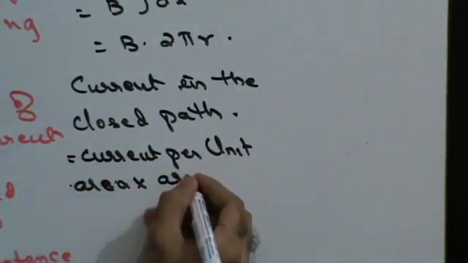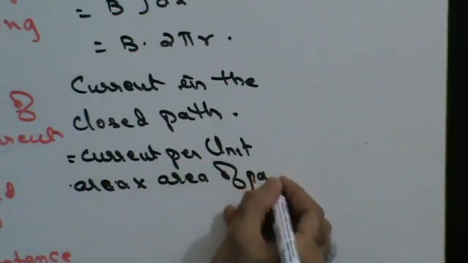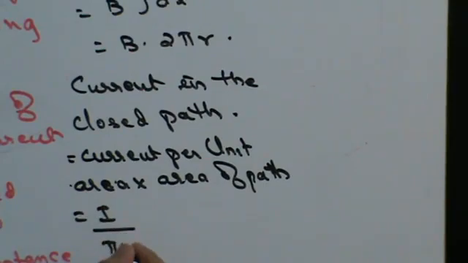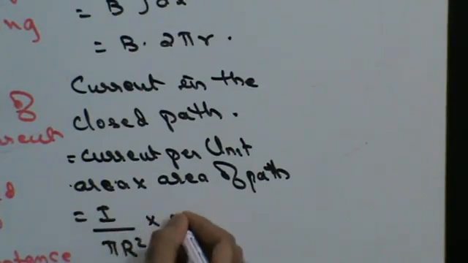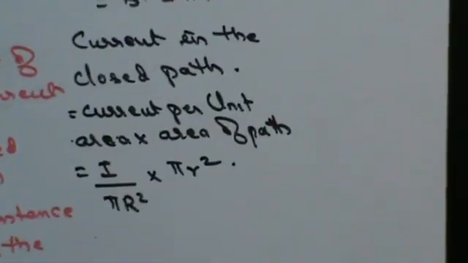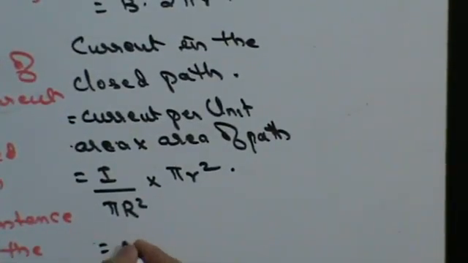Current per unit area we already found out as I upon pi R square. Area of the closed path is going to be pi r square. So pi and pi get cancelled, so the current in this path will be I r square upon R square.